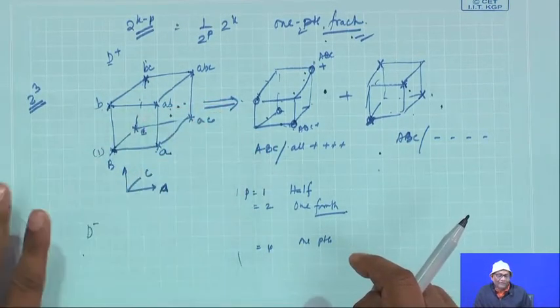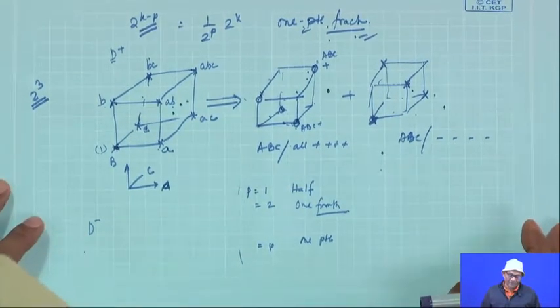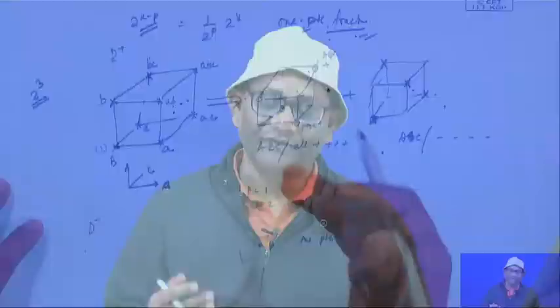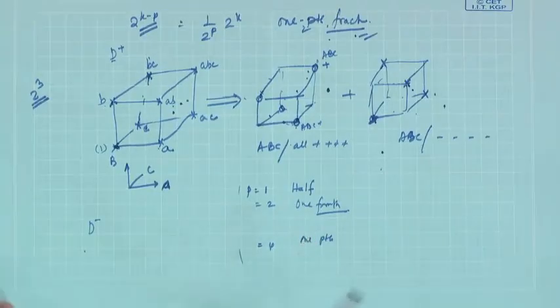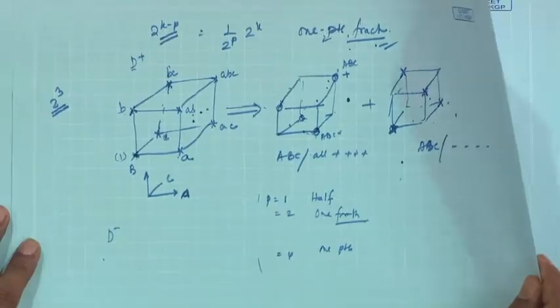Then your question will be, how does fractional factorial design work? Why does fractional factorial design work? That is an important issue. Fortunately, we have some important properties and that will help us in conducting fractional factorial design.